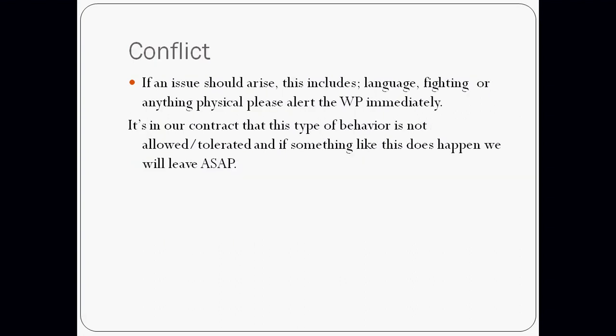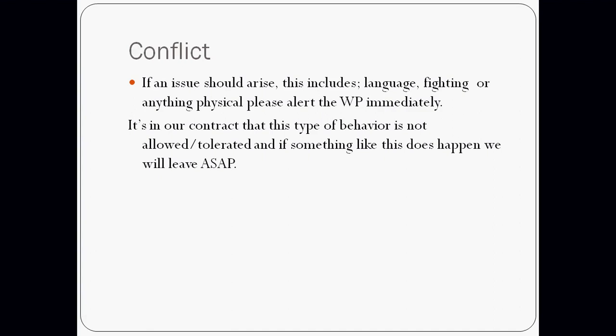So I do want to talk about conflict. Again, this isn't something that we've had an issue with directly, but if it does happen, everyone knows what to do. If there is an issue that arises, such as language, someone being very rude or inconsiderate, fighting, anything that's physical, someone touches you, I don't care if they point at you, it's not cool, alert the wedding planner immediately.